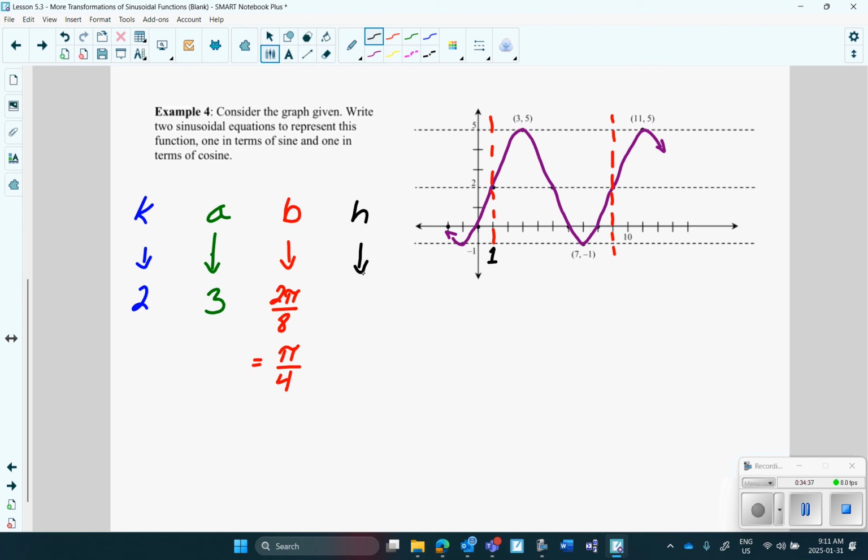How much did it shift from the y-axis? 1.